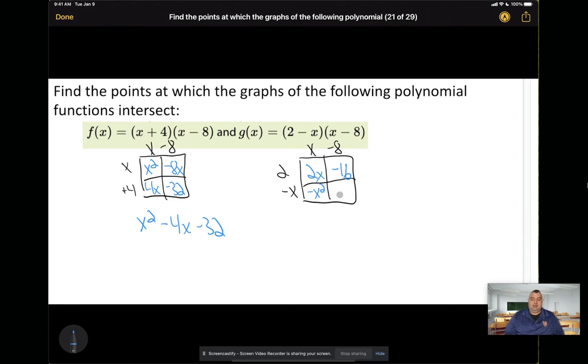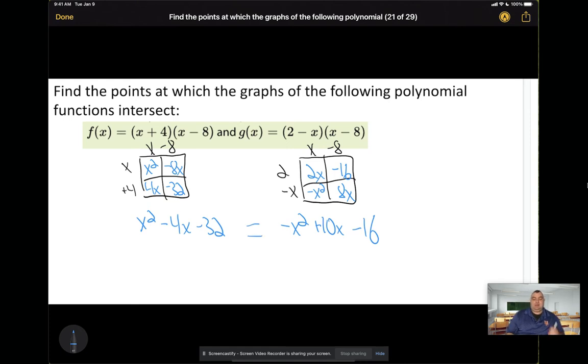And negative x times negative 8, that's a negative times a negative, so that's going to be a positive 8x. And if we put this together, again, I'm going to start with my x squared term, so that's going to be negative x squared. And then I have 8x and 2x is 10x. And then minus 16.